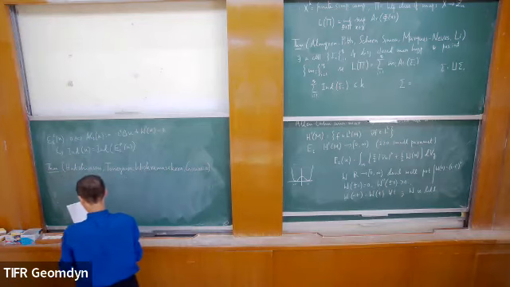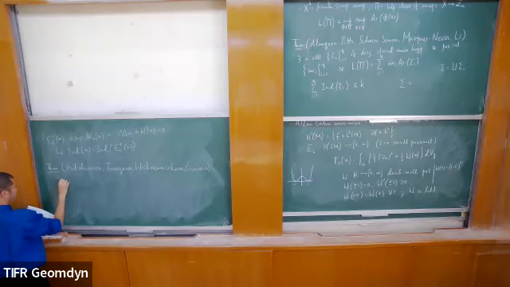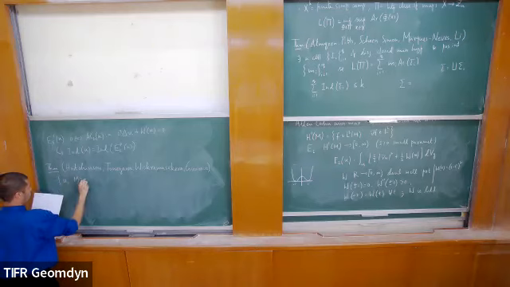It says the following: suppose we have a sequence u_i from M to minus 1, 1.